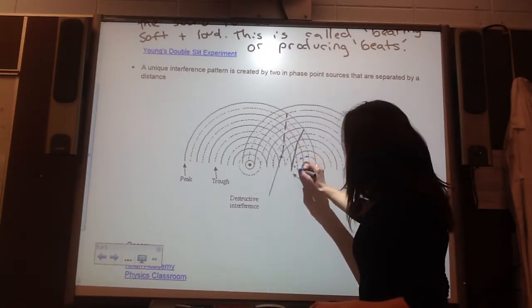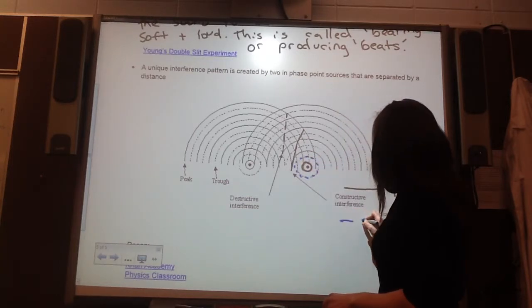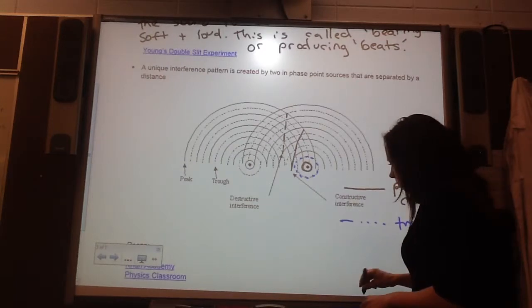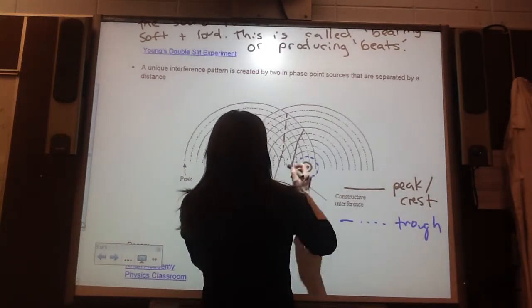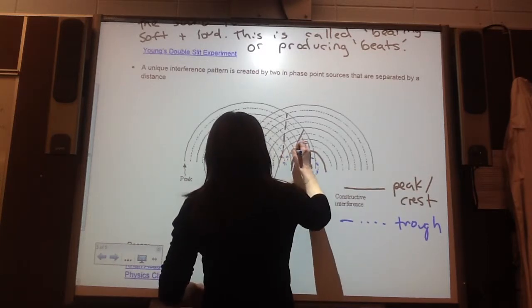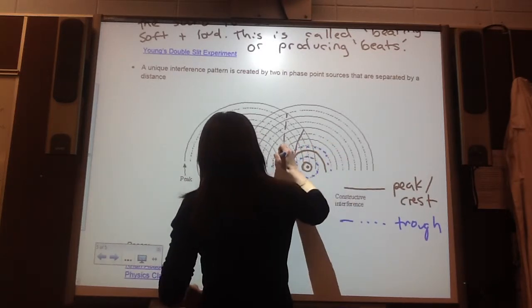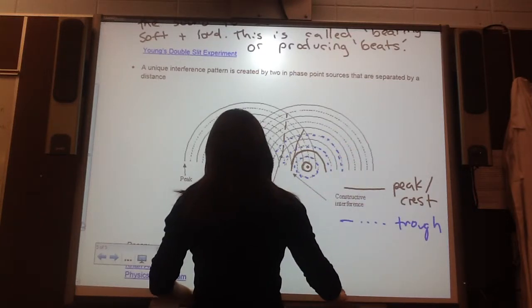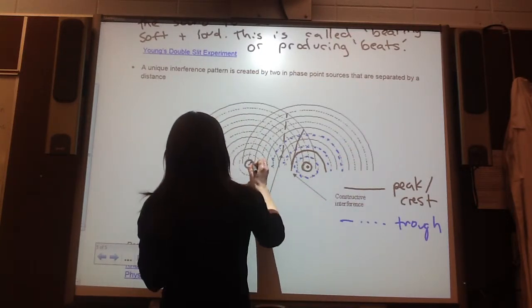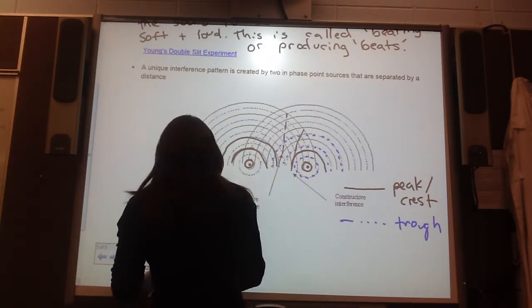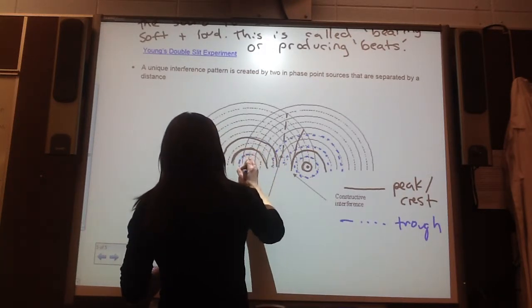And anything with the dotted line is a trough. Okay, I'm going to do the same on this one. And then I'm going to show you something.